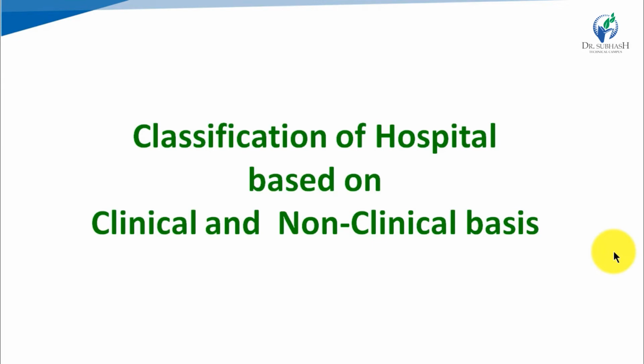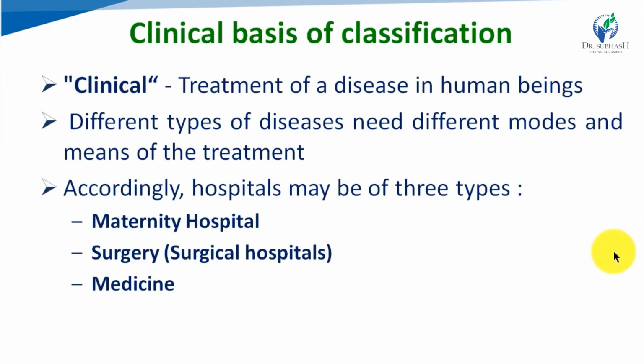Then classification of hospitals based on clinical and non-clinical basis. Here first we will consider the clinical basis of classification. Clinical means treatment of disease in human beings. Different types of diseases need different modes and means of treatment.